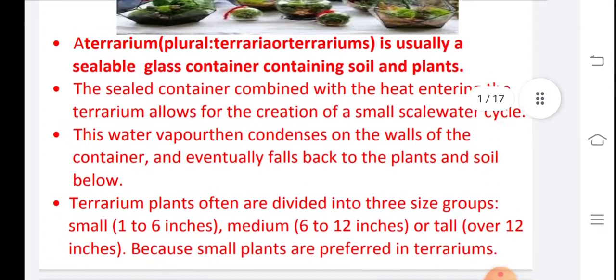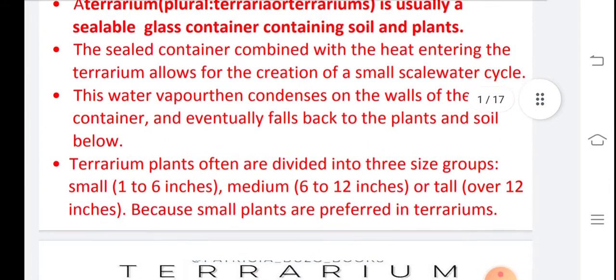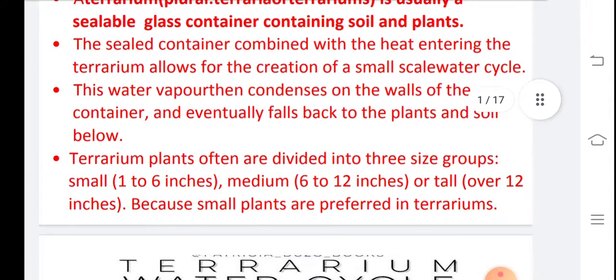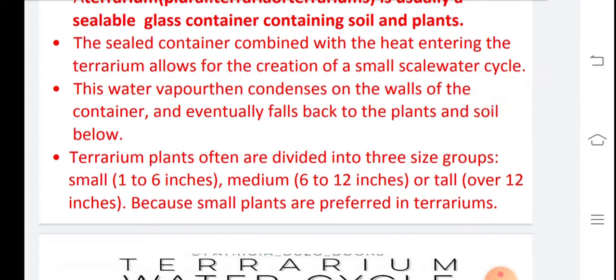So there are some good examples. Generally, after sealing, water evaporates, and we only have to keep holes for the exchange of gases, for the exchange of O2 and CO2. One thing additionally, scientifically, we also have to keep in mind the light.